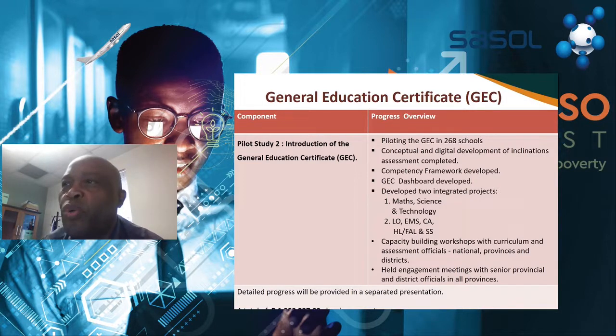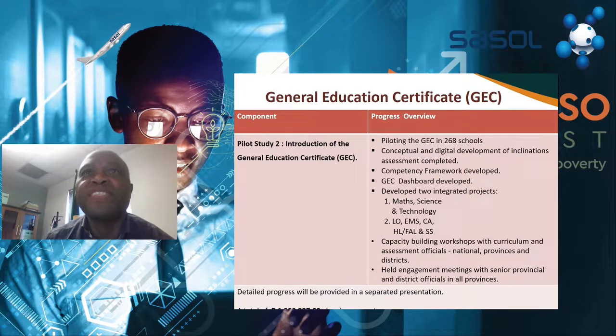Capacity building workshops with curriculum and assessment officials nationally, provincially, and in districts have been carried out, and we have held engagement meetings with senior provincial and district officials across all provinces.